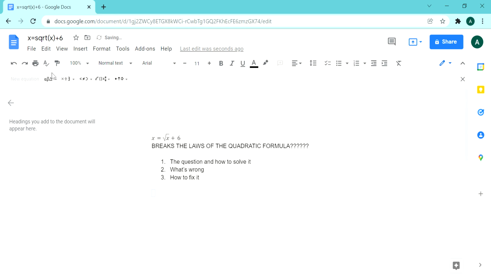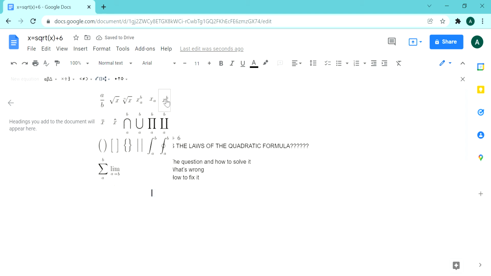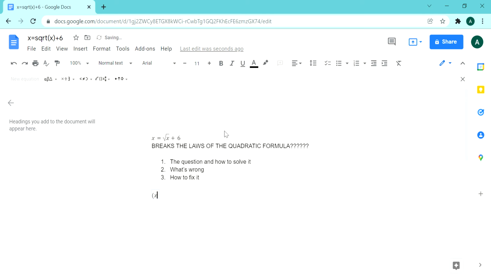Wait, we have to do a square here. x minus 6 squared equals the square root of x squared.